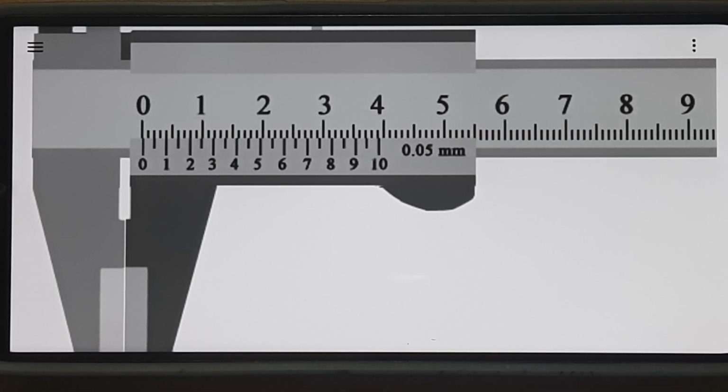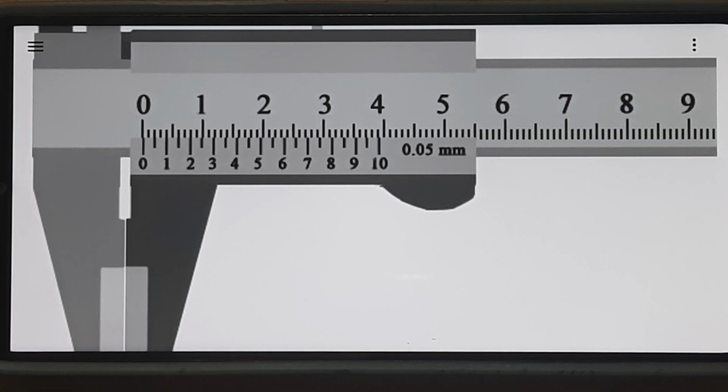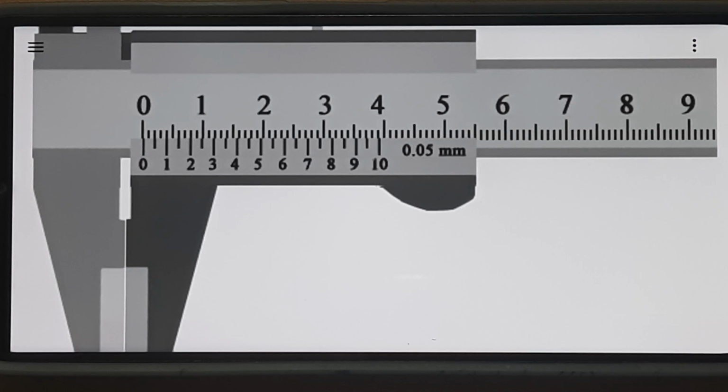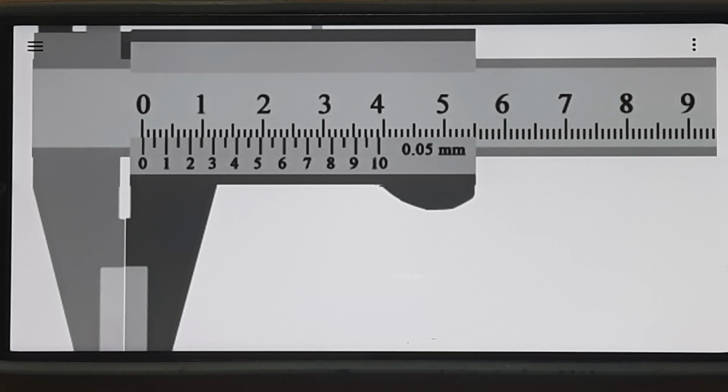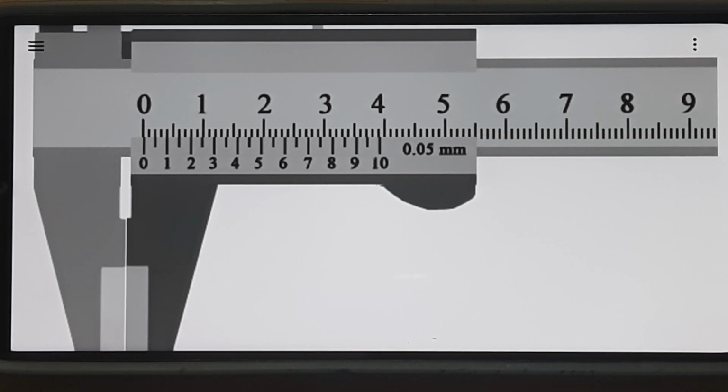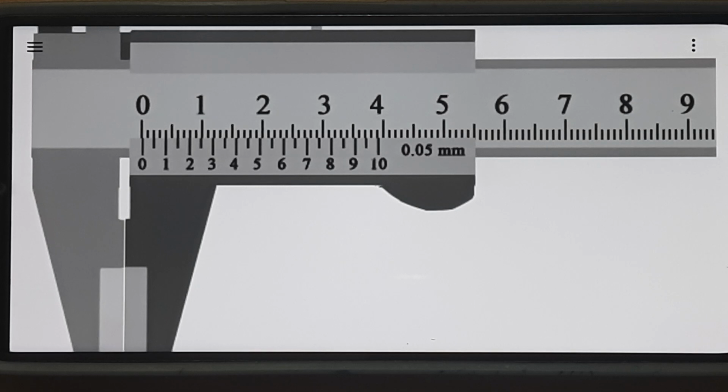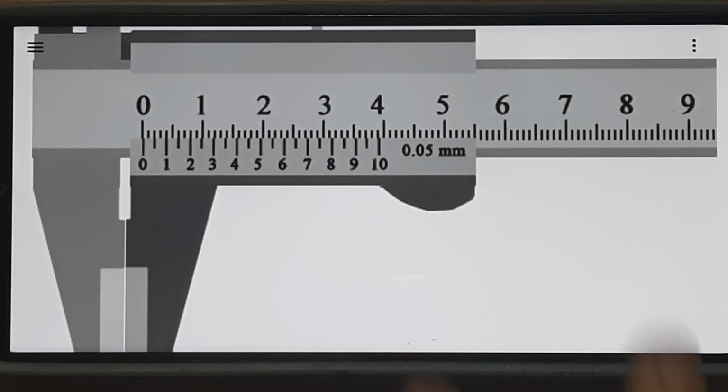Now, as we have come to know that to find either length, thickness or diameter, we use the formula L is equal to MSR, which is main scale reading, plus VSD into least count. Now let us know how to find main scale reading. For finding main scale reading, we should look at the main scale.